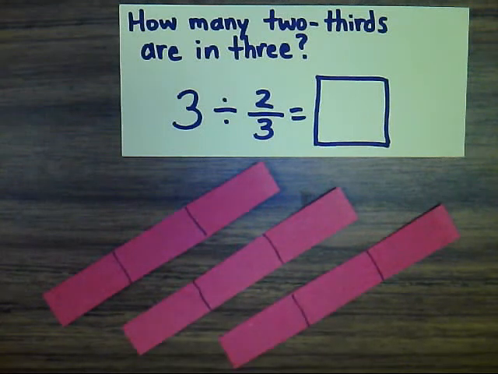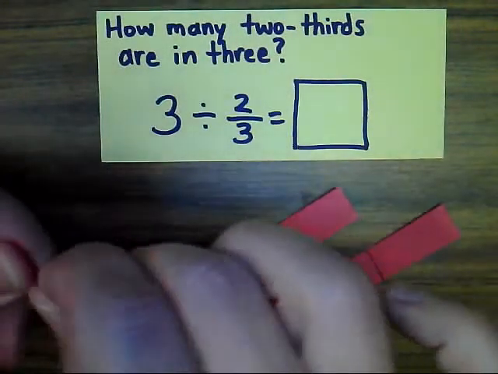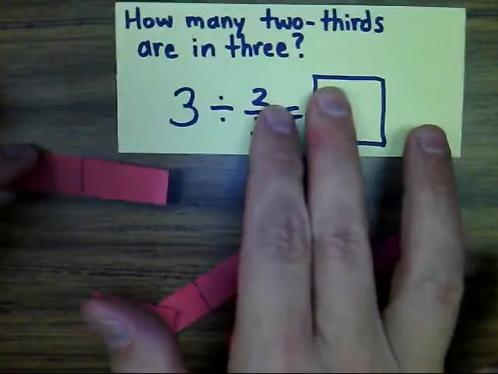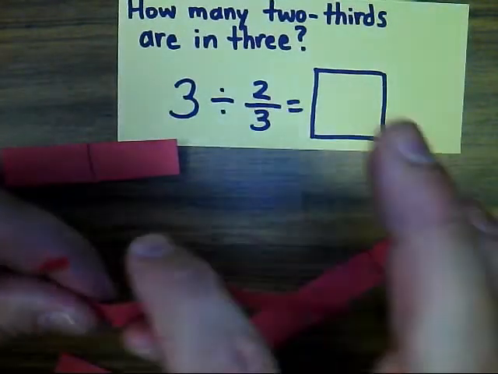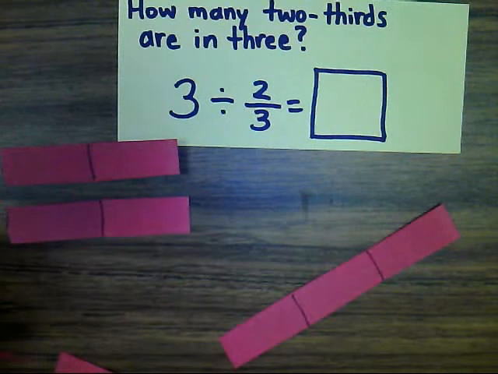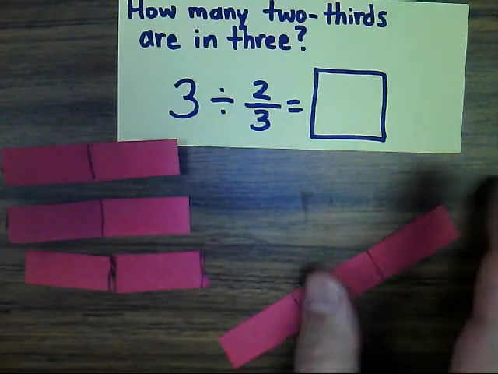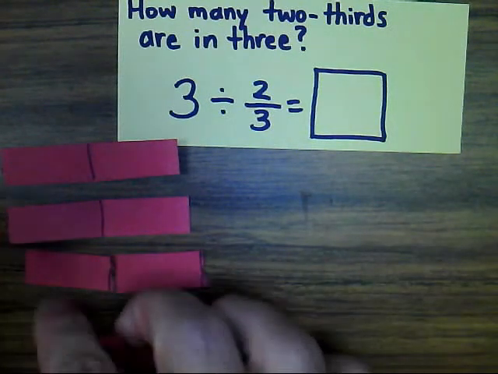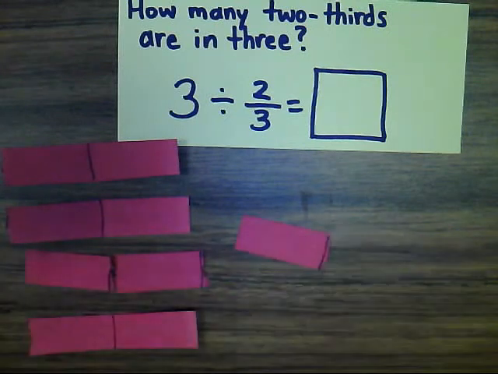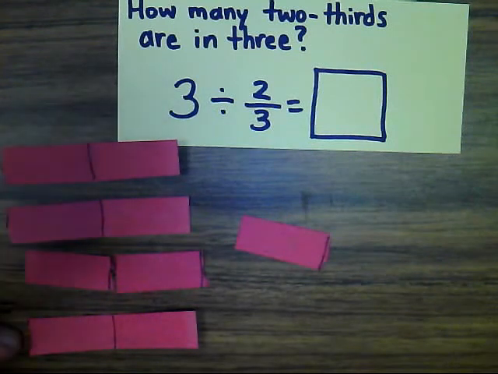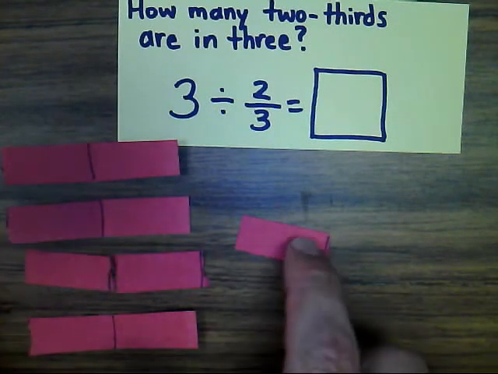If I want to know how many 2/3 there are, I can simply tear it. So there's 2/3, and here's 2/3, and then here's 2/3, and here's 2/3. And I've got one piece left over. What that tells me is 3 divided by 2/3 is 4 groups of 2/3, with 1 left over.